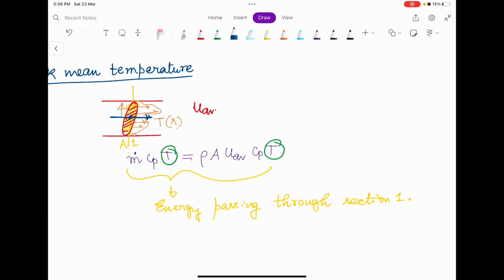So then this T is called the bulk mean temperature. I will take a subscript b. So this is called the bulk mean temperature.